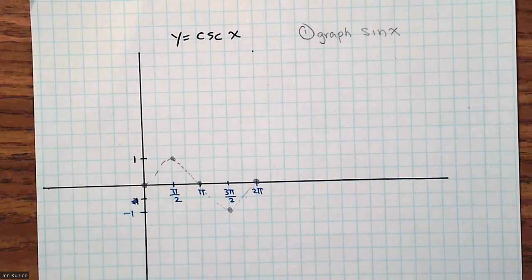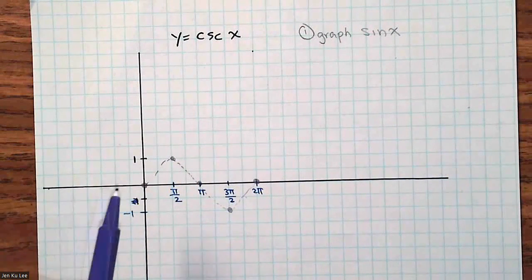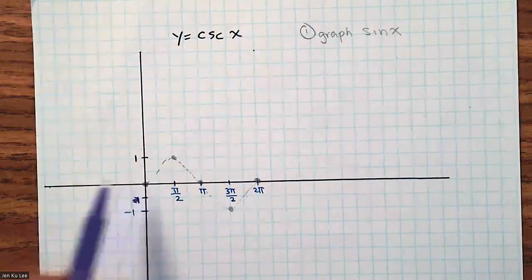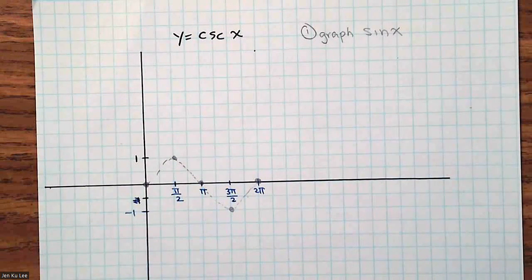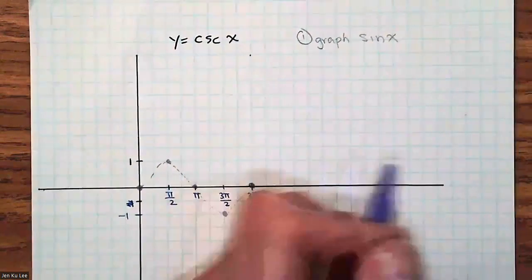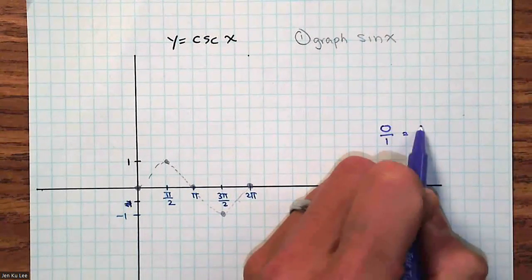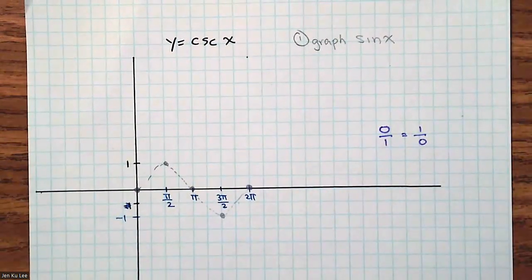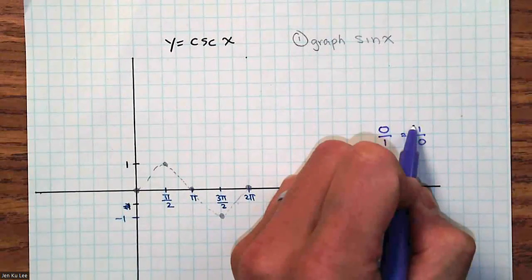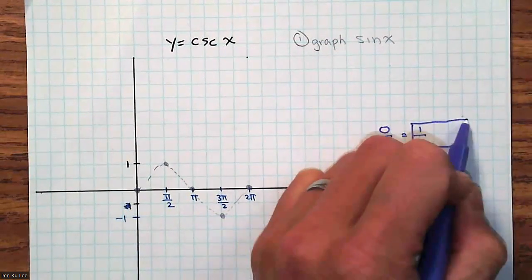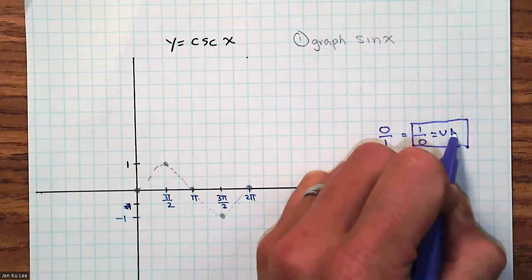What now if I'm graphing cosecant, right? Cosecant of x, and we just talked about how they're the reciprocals. What is the reciprocal of 0? The reciprocal of 0 over 1, it's going to be 1 over 0, right? Which equals, what is 1 over 0 then? It's undefined. Okay?